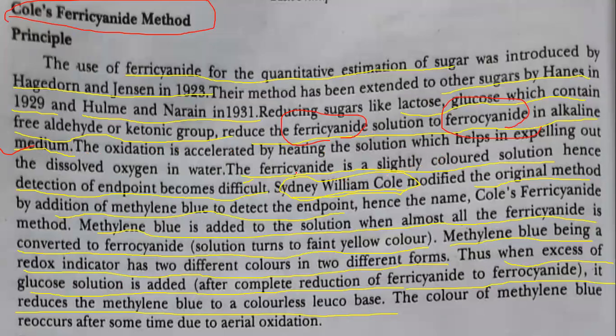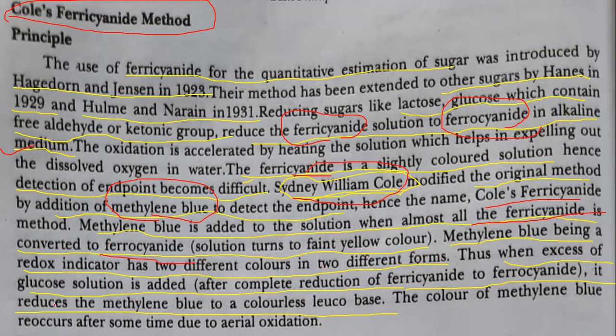Ferricyanide is a slightly colored solution, hence detection of the endpoint becomes difficult. So Sidney William Cole modified the original method by adding methylene blue to detect the endpoint of the titration. In the Cole ferricyanide method, methylene blue is added to the solution when almost all the ferricyanide has been converted to ferrocyanide.